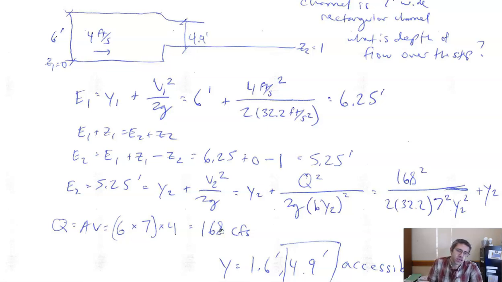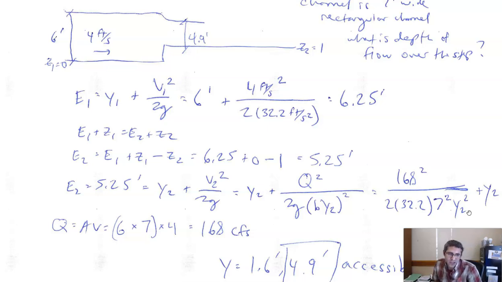So 168 CFS goes up here. B is 7, and then we've got Y2, plus Y2 here. So 5.25 equals this. And again, you can't solve for Y2 directly here.